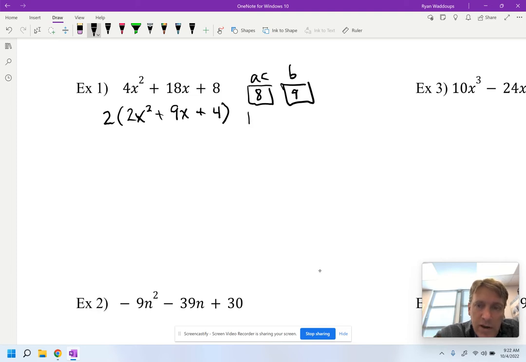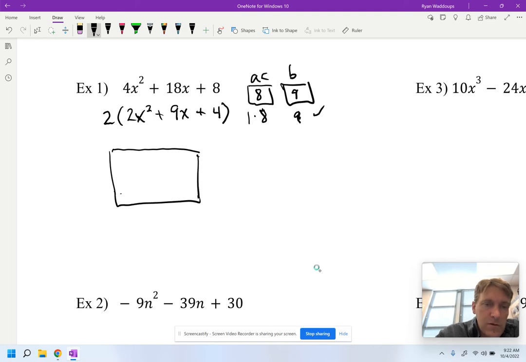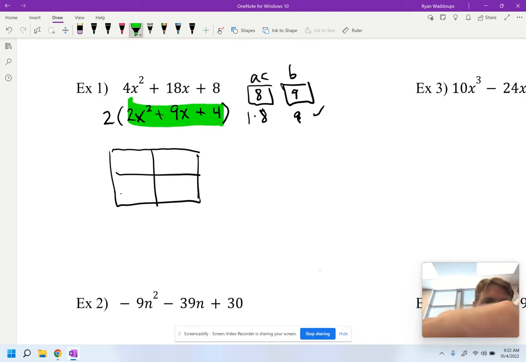And I always start with 1 times the number. 1 times 8 is 8. 1 plus 8 is 9, so I found it right off the bat. So I'm going to choose to use the box this time. And once again, I'm using these values, not the ones above. So I'm just factoring what's in that polynomial after factoring out the 2.